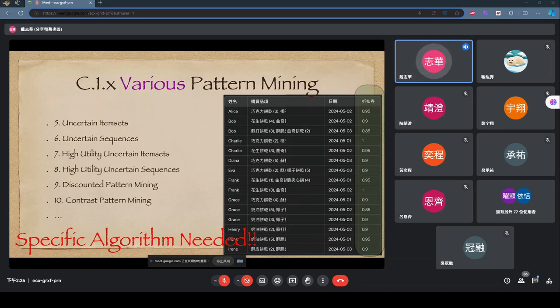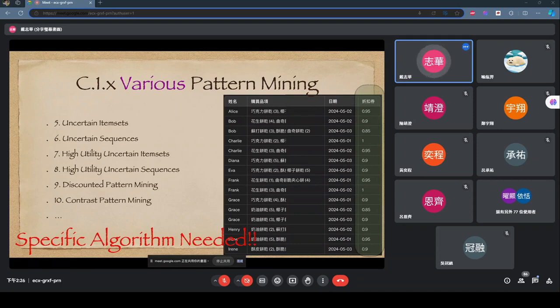But that would help us to discover, to figure out the essential, the important factors within a group, within an event. That is pattern mining.